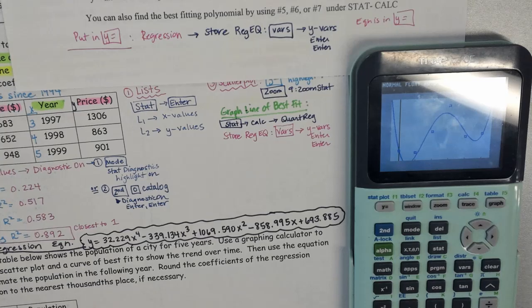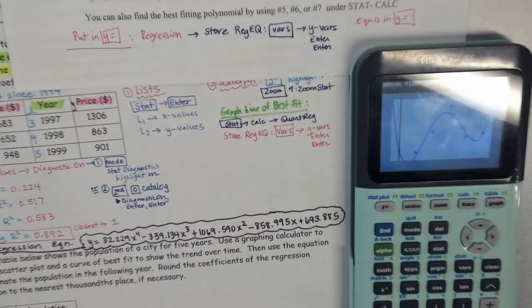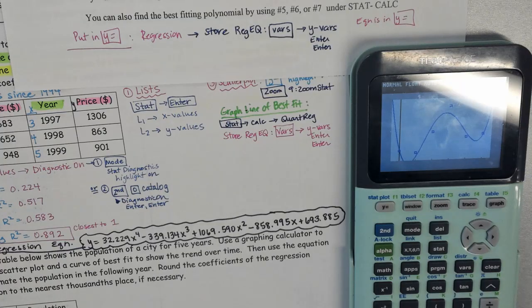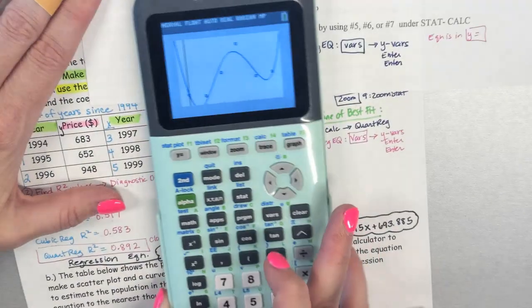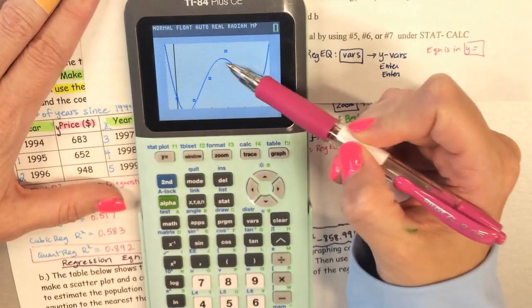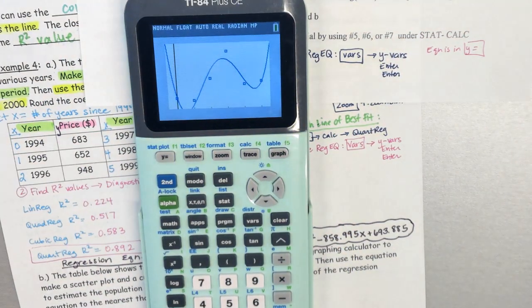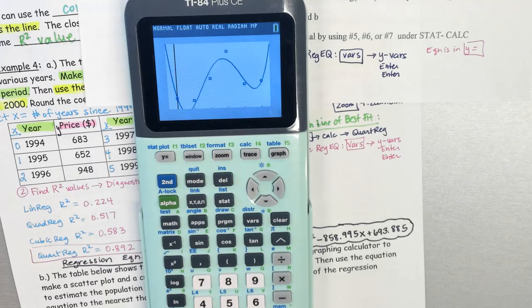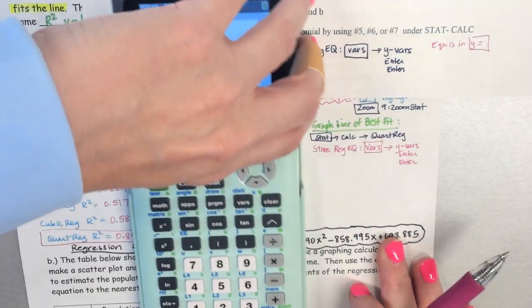Okay, so when we're looking at the data, we want to see how close it is to 1. If it was 1, it would go through every single one of those points. Okay, and then you can see like it goes through this point, it's close to some others, and you could graph all of them to see which one was the line of best fit, but that correlation coefficient is going to do that for you.